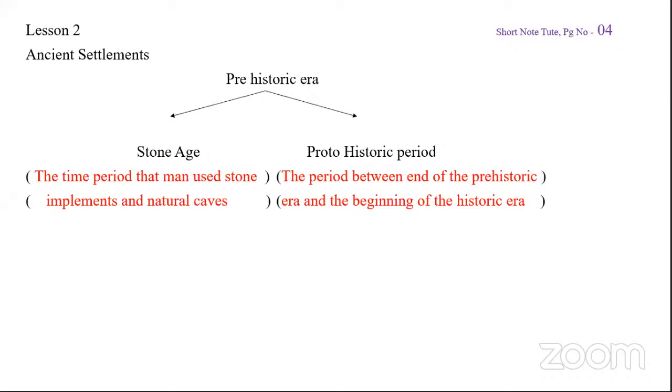In the protohistoric time period, they started agriculture and living permanently in permanent settlements. In the early historic time period, leadership was developing, like village leaders and regional leadership. In the historic time period, kingship was developed. So this is the answer for the first one.